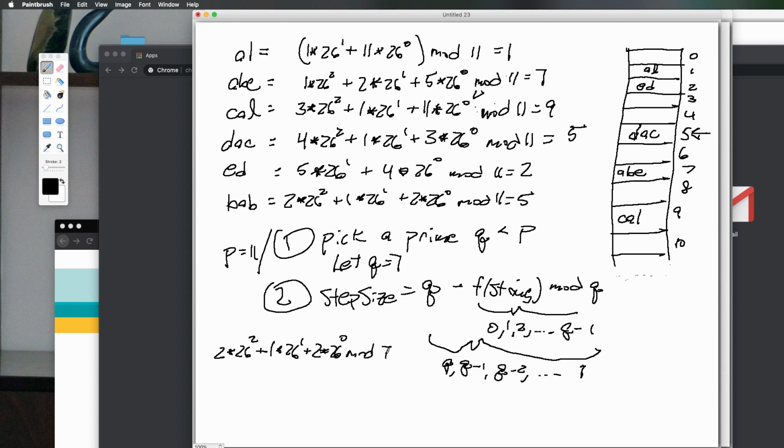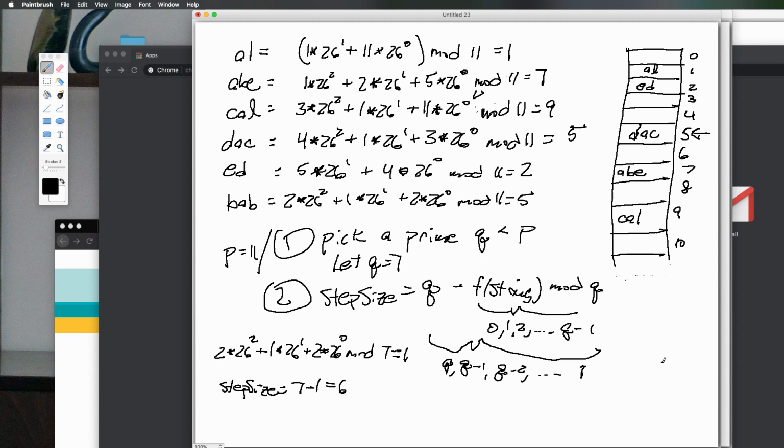And when I calculate mod 7, I don't remember what I got here. I am going to get 1. Okay, and now according to this, my step size is equal to Q minus f of string, so it's going to be 7 minus 1 is equal to 6.